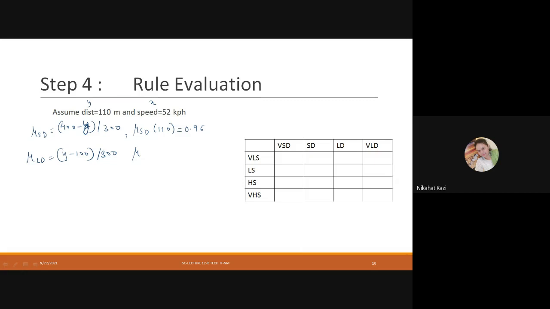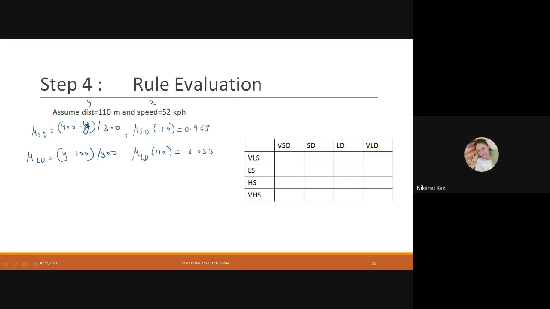And what is it for long distance? 0.334? Or is it 0.033? Harsh, 0.033. It is 10 by 300. Okay, sir, one decimal.